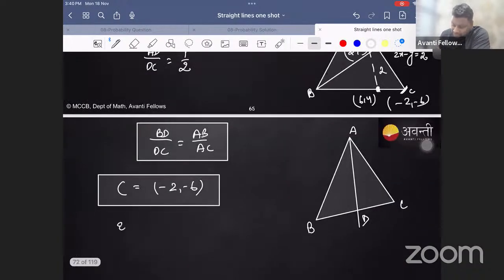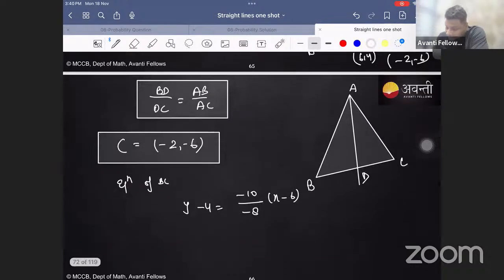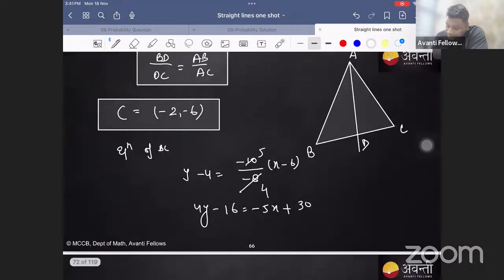The equation of BC will be y minus y1 equals (y2 minus y1) upon (x2 minus x1) into (x minus x1), that is minus 10 upon minus 8 into (x minus 6). So 4y minus 16 is minus 5x plus 30. So it is 5x plus 4y equals 46.